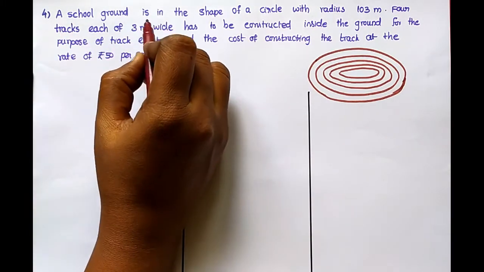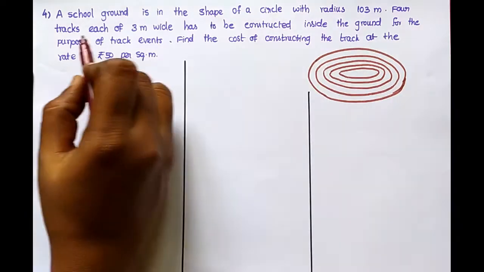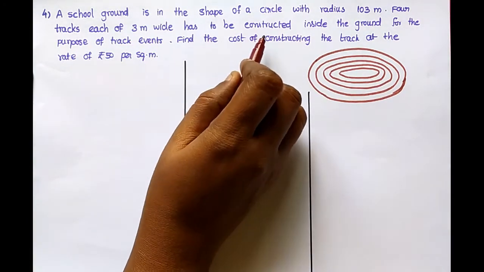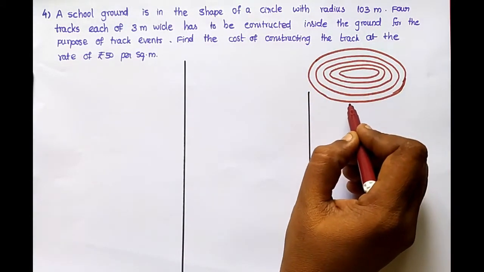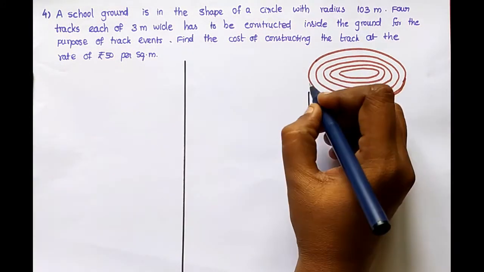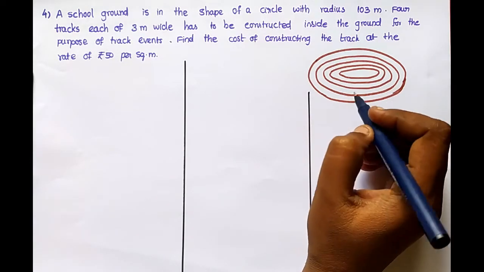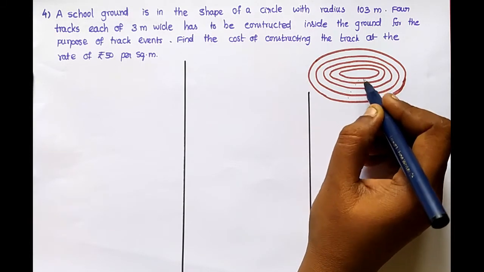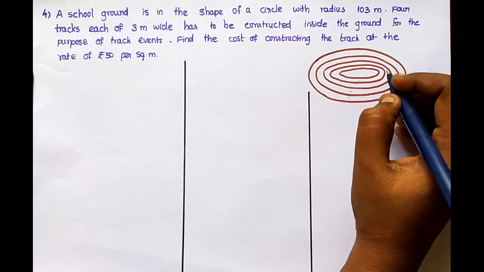A school ground is in the shape of a circle with radius 103 meter. 4 tracks each of 3 meter wide has to be constructed inside the ground. Listen, this is the ground of the school. Here inside the ground they want to construct 4 tracks, 1 2 3 4. So 4 tracks, each wide is 3 meter.